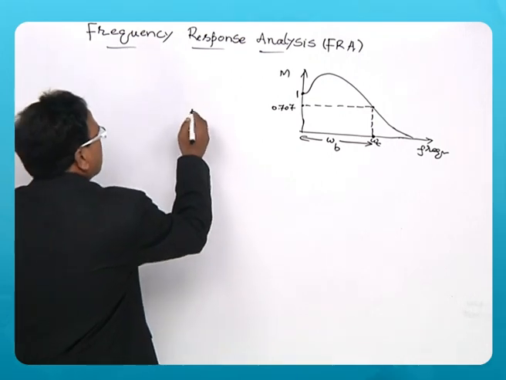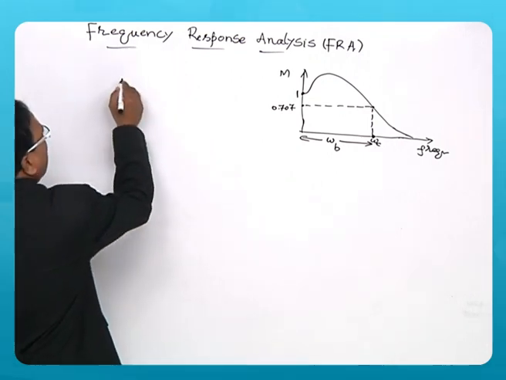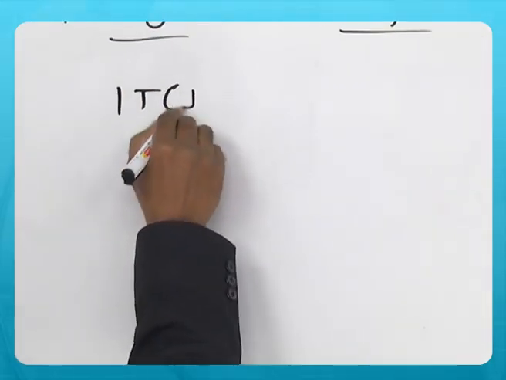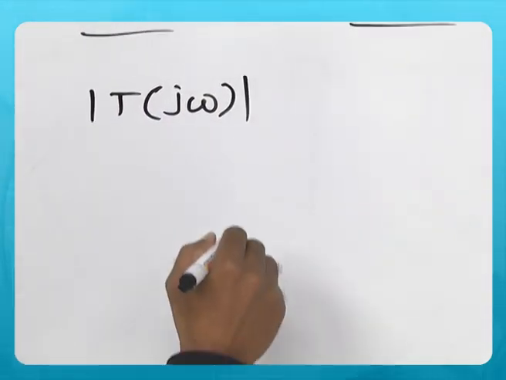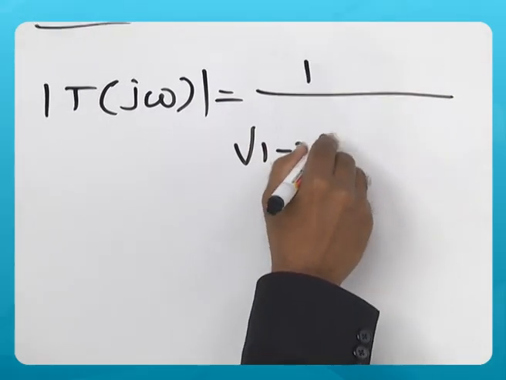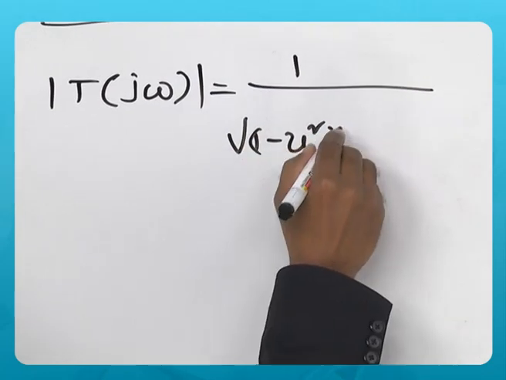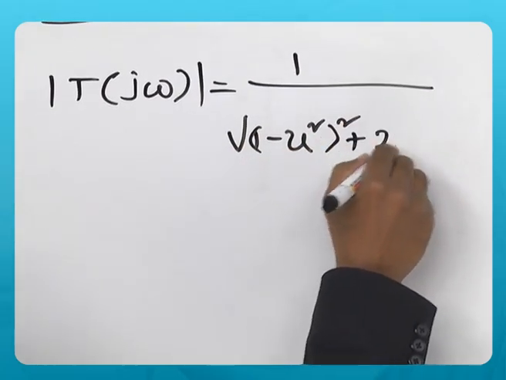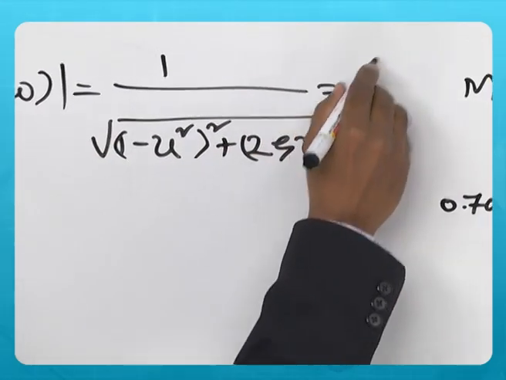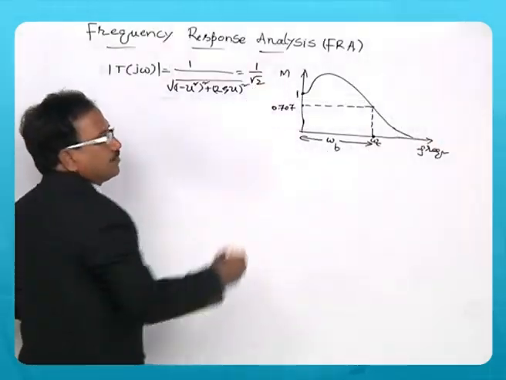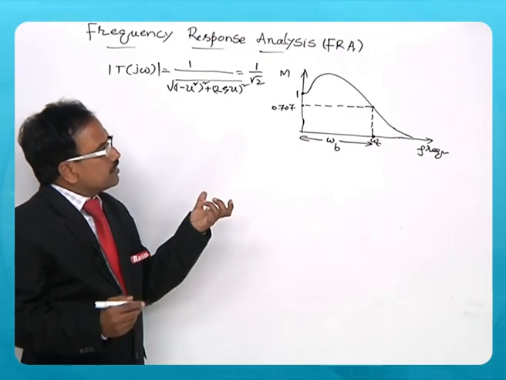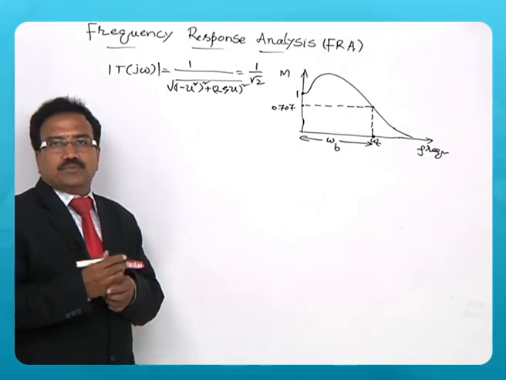As we are interested only in bandwidth, the magnitude of T of j omega, equal to 1 by under root of 1 minus u square whole square plus 2 zeta u whole square, you must equate to 1 by root 2, because bandwidth corresponds to the range of frequencies greater than 1 by root 2.